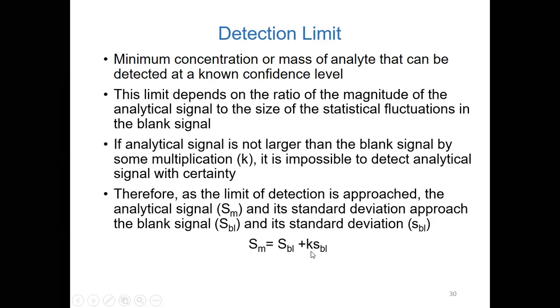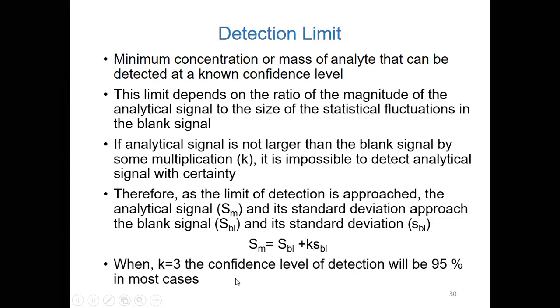Blank signal plus k times the standard deviation. When k equals 3, the confidence level of detection will be 95% in most cases. So we can substitute 3 for the k value at the 95% confidence level, and when we know the standard deviation of the blank and the blank signal, 3 times the standard deviation plus the blank signal, that is the minimum signal of the analyte, which means the detection limit.